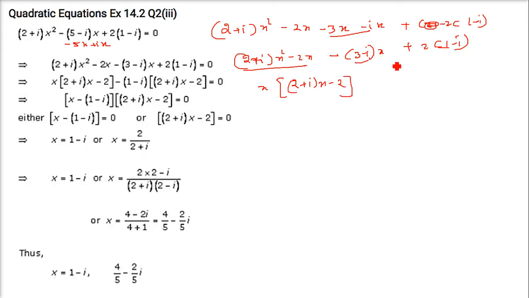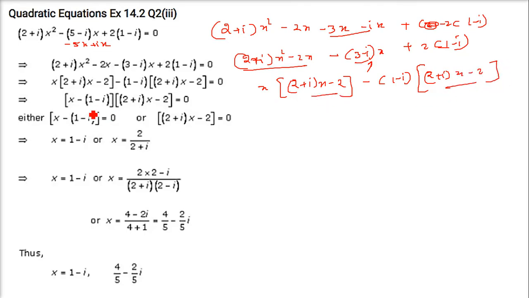From these two take 1 minus I common. If you take 1 minus I common, what do you have to put here? You can divide this 3 minus I by 1 minus I, but I can tell you that when you divide these two, you are going to get 2 plus I. If you multiply 2 plus I with 1 minus I, you will get this one. So this is going to be minus 2.